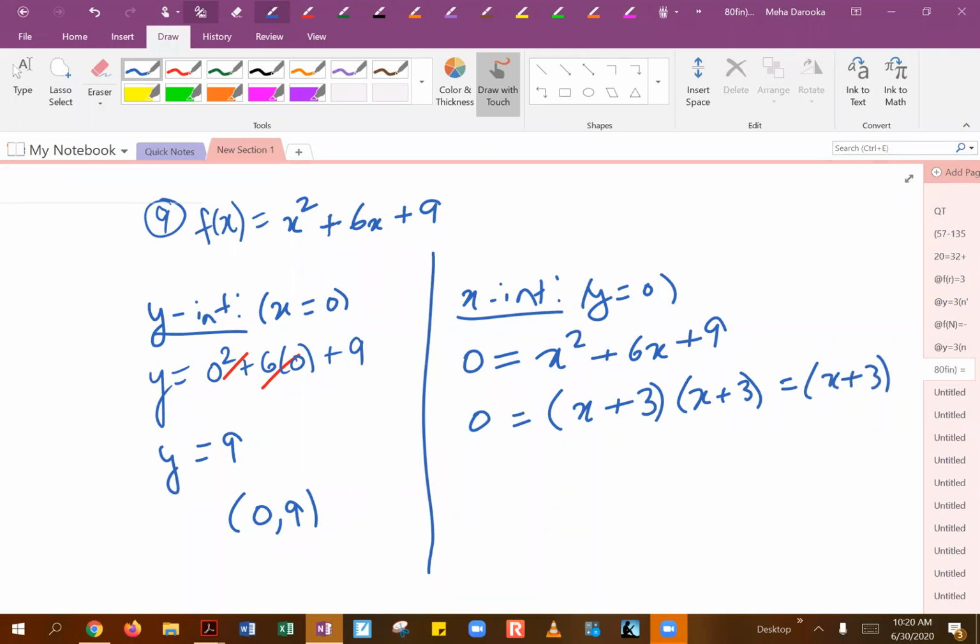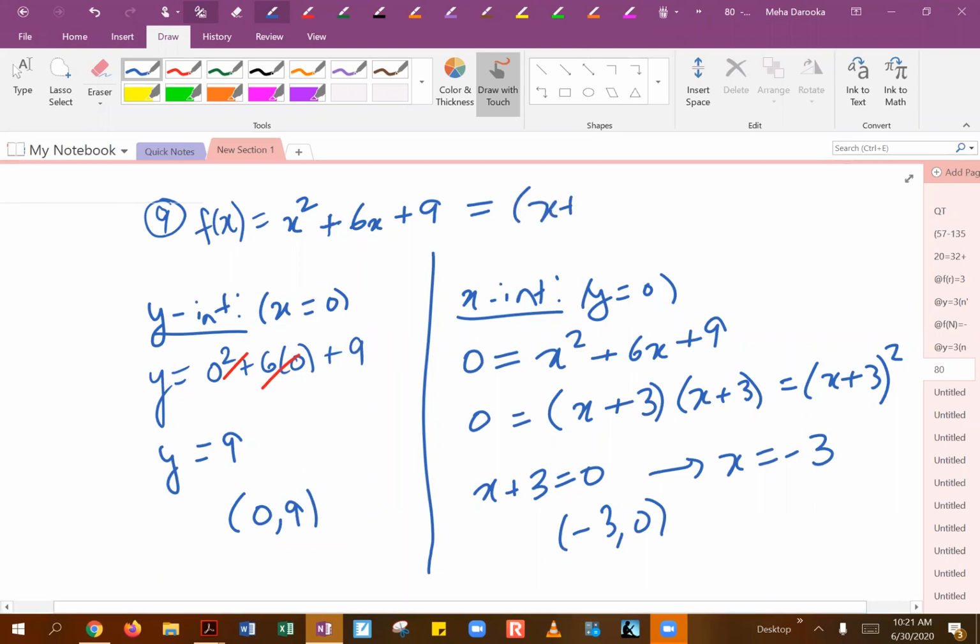You can also write it as x plus 3 to the second power. But basically, if you take the x plus 3 and set it equal to 0, you would end up getting x equals -3. So you actually only have one x-intercept, which would be at -3, 0. You could also rewrite this function as x plus 3 squared.